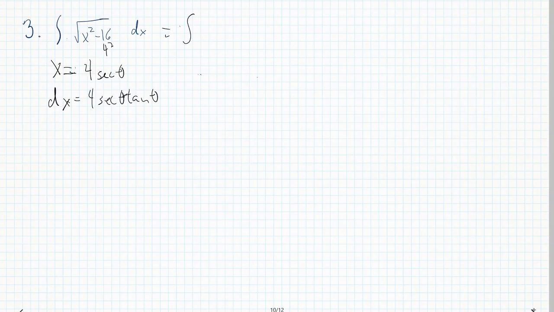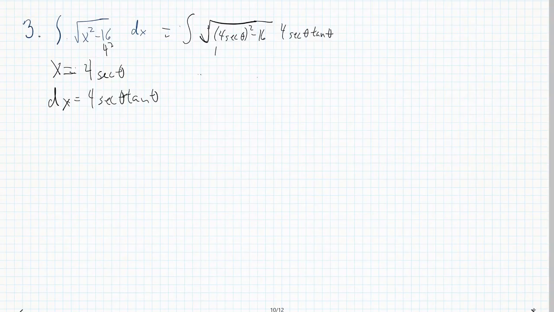So this integral becomes the square root of 4 secant theta, the quantity squared, minus 16, times 4 secant theta tangent theta.